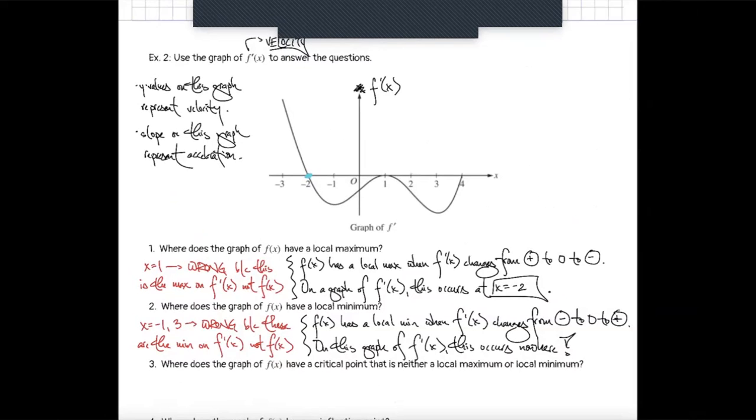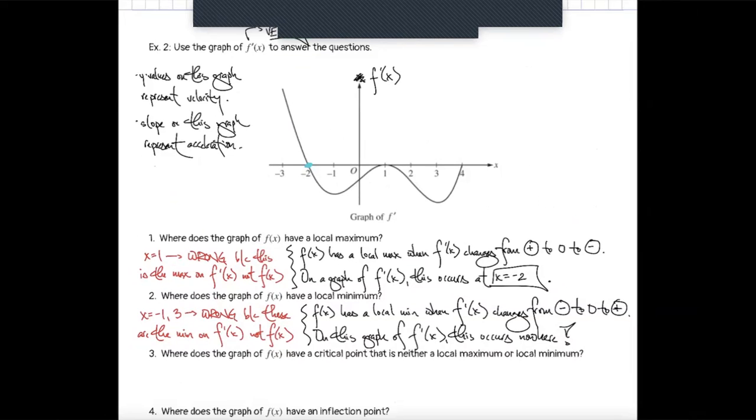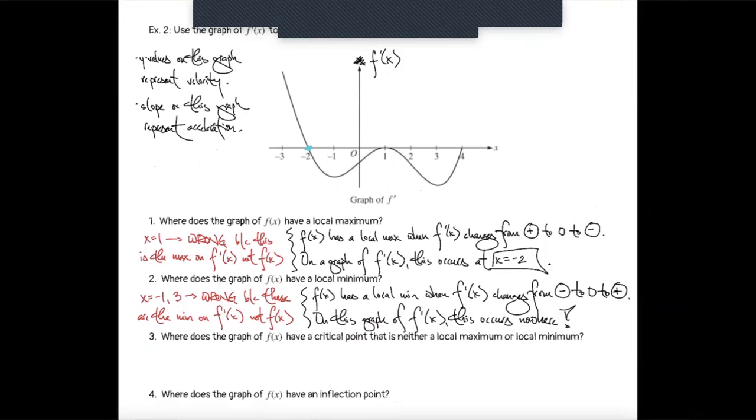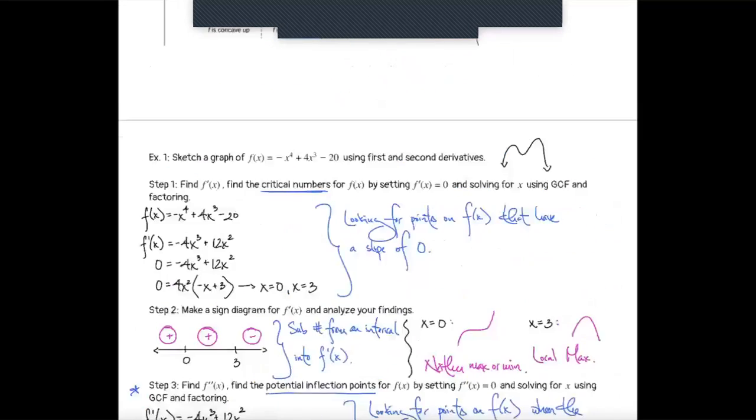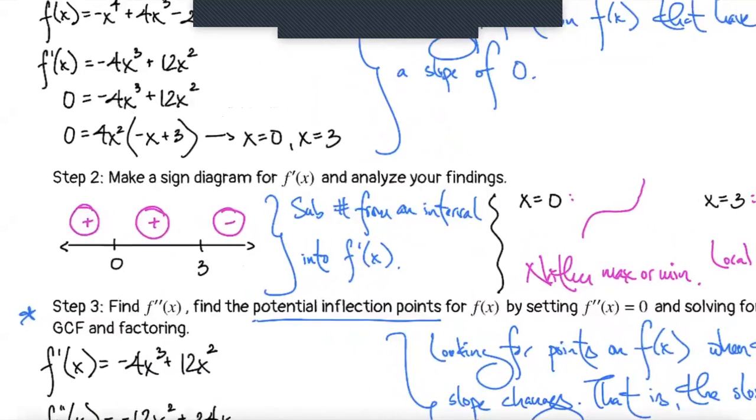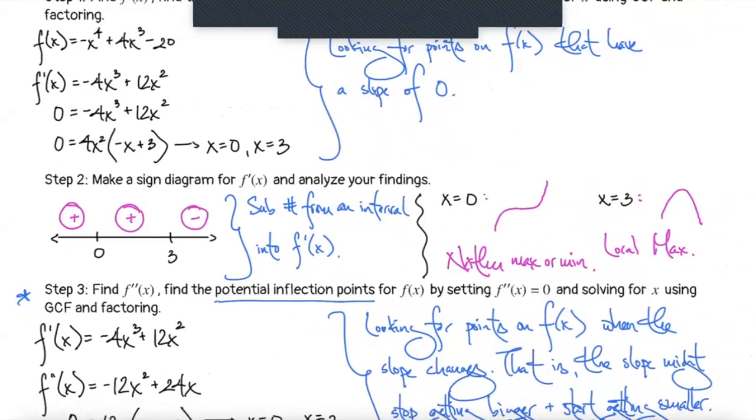I think we actually have time to do one more piece here. Let's take a look at number 3. Where does the graph of f of x have a critical point that is neither a local min or a local max? All right. So let's go back to our example here. How did we know that at x equals 0, there was neither a maximum or a minimum?